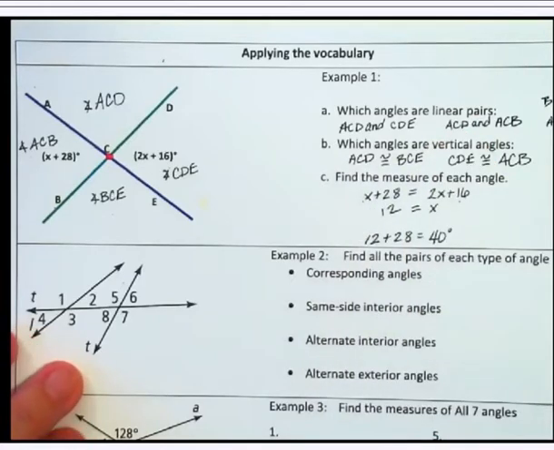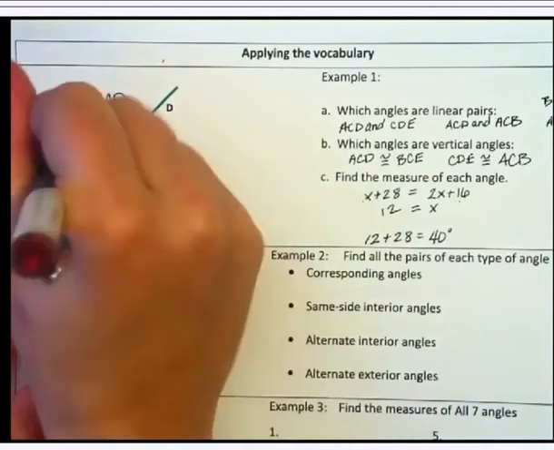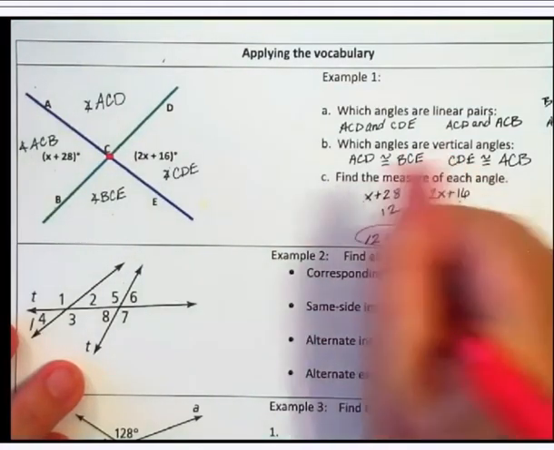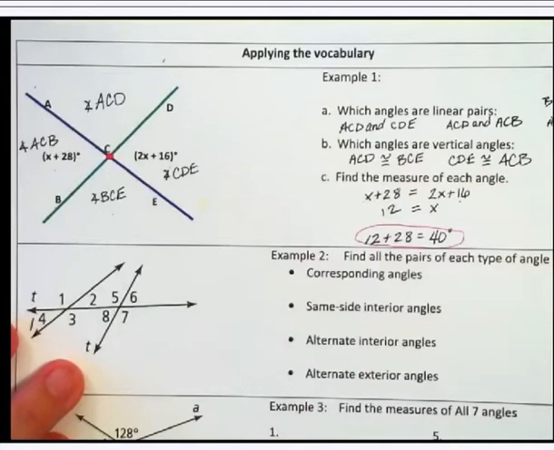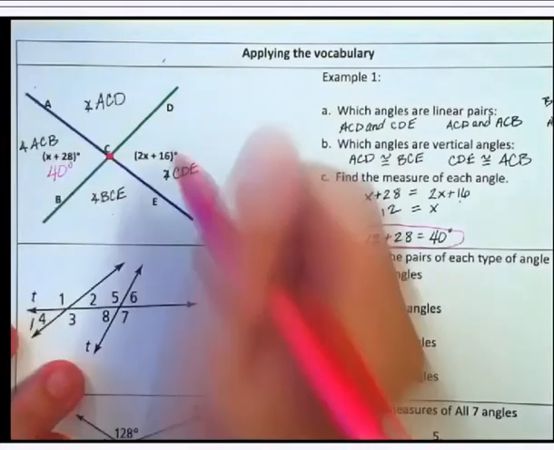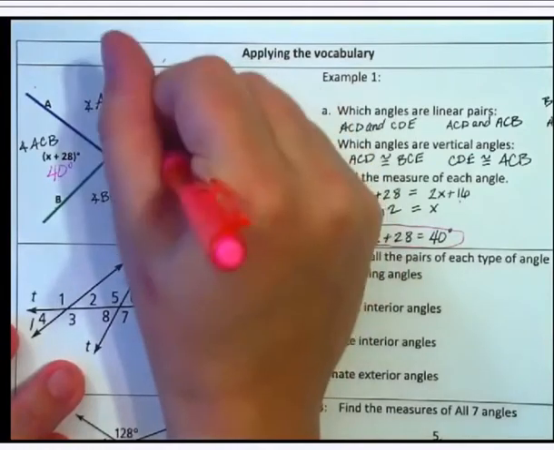Okay? 40 degrees. So this side is, oops, I haven't used that pen before. I guess I'll use pink. Okay, that side is 40 degrees, which means that this side is also 40 degrees.